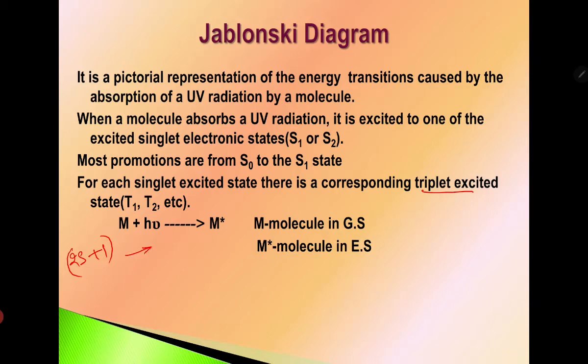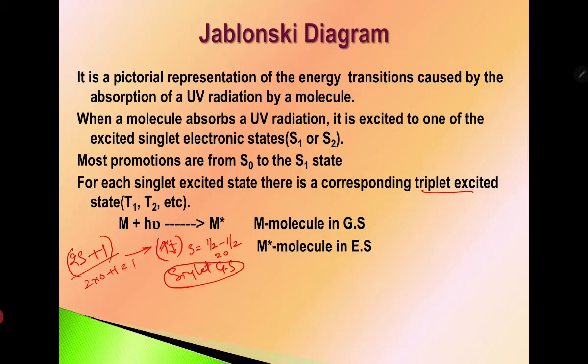If the electron spins are paired, the clockwise orientation of one electron is cancelled by the anti-clockwise orientation of the other electron. Therefore S is equal to 0. So according to this, 2 into 0 plus 1 is equal to 1. That is, spin multiplicity is equal to 1, which means the molecule is in the singlet ground state.